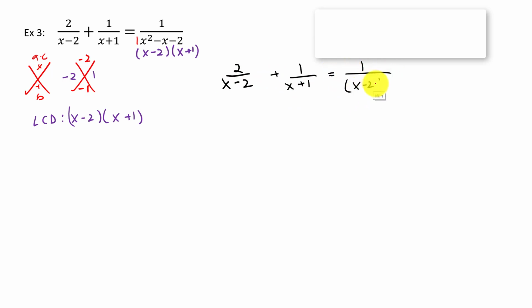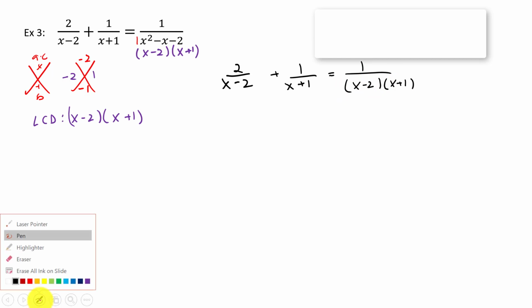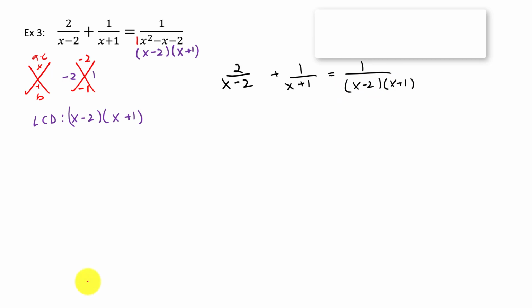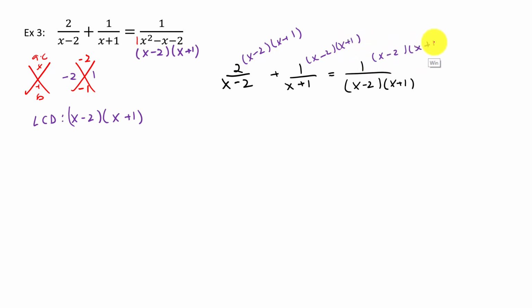Notice when I rewrite it, I'm going to leave the denominator factored, and now we will multiply by the LCD, which is x minus 2 times x plus 1, and then we will cross off any terms that we find in the top and the bottom.